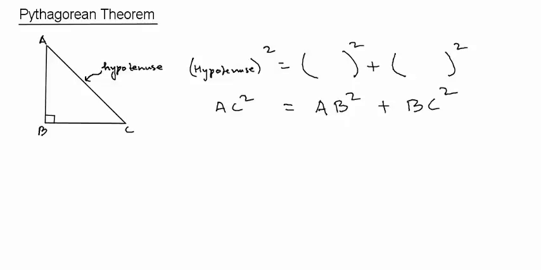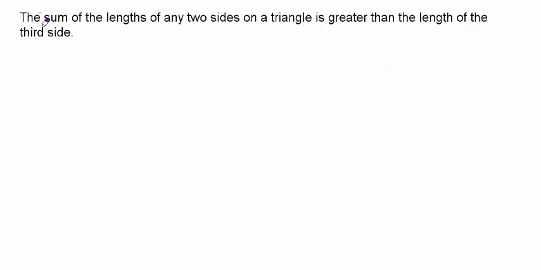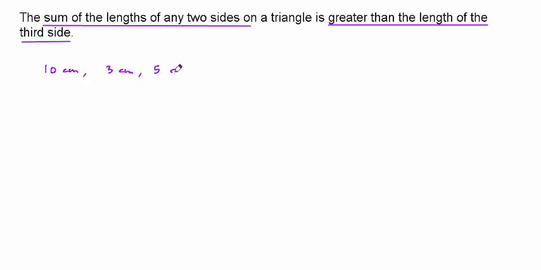There's one more important thing you want to know about triangles, and that is the sum of the lengths of any two sides of a triangle is always greater than the length of the third side. Let's say we want to draw a triangle whose sides are 10 centimeters, 3 centimeters, and 5 centimeters.